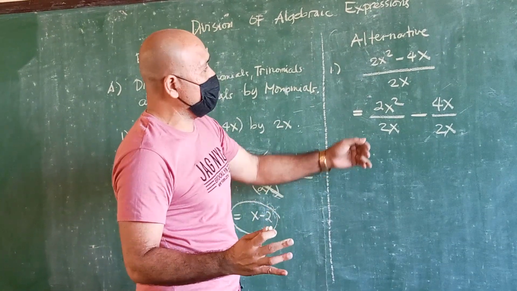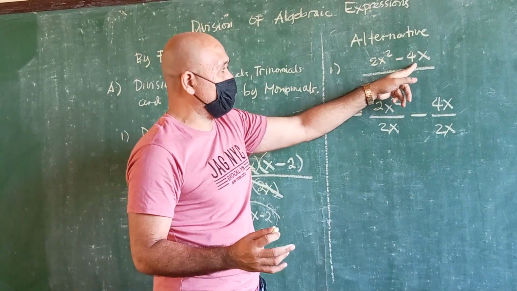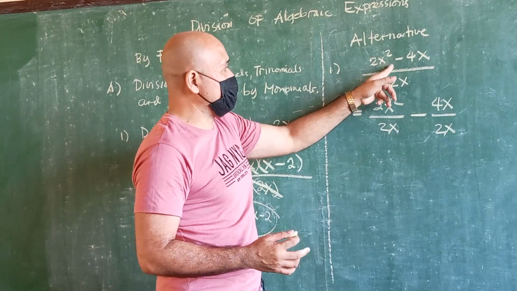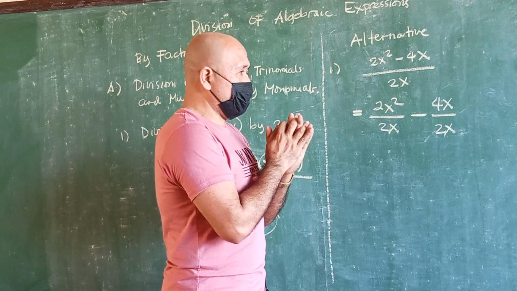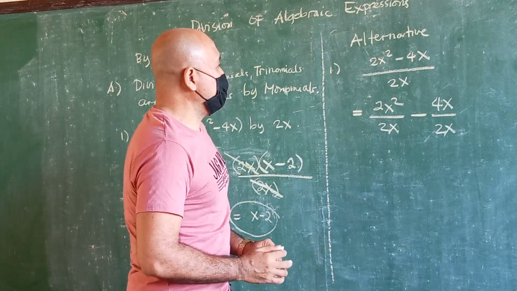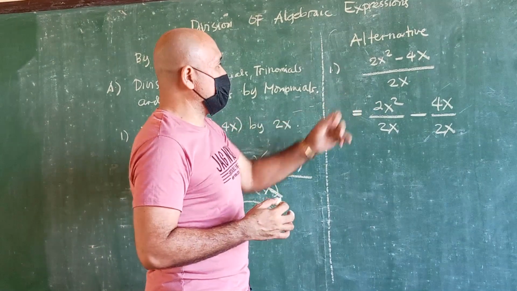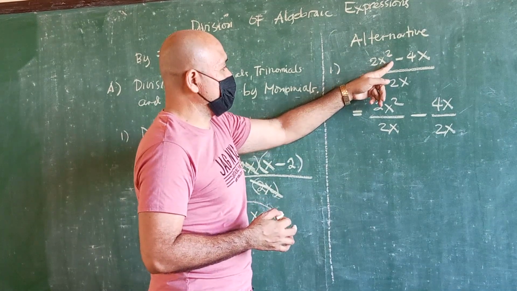Why is it 2 again? Because it depends on how many terms there are in the numerator as our dividend. So since there are two terms, that means this whole expression can be expanded into two fractions, or you can rewrite that into the difference of two fractions.